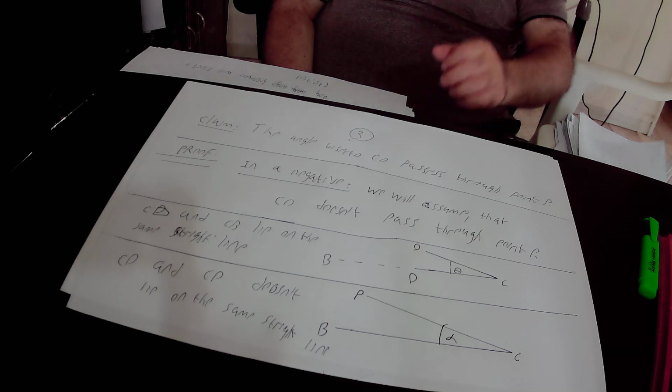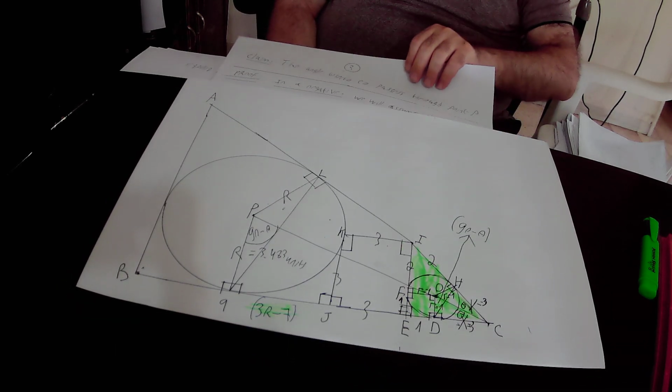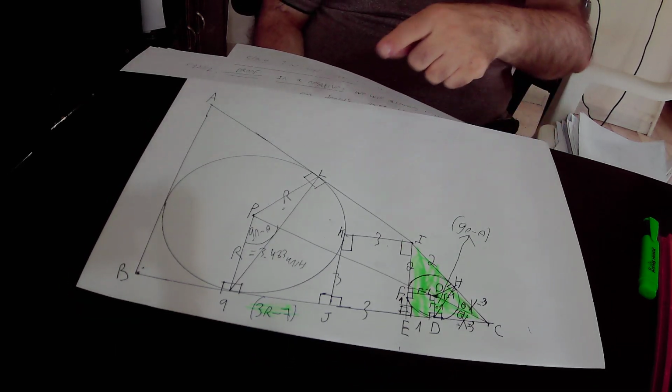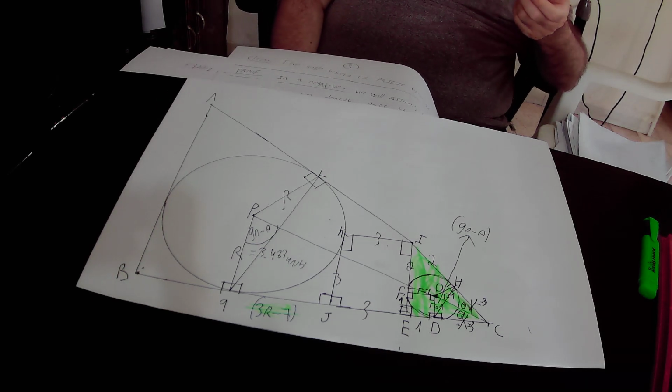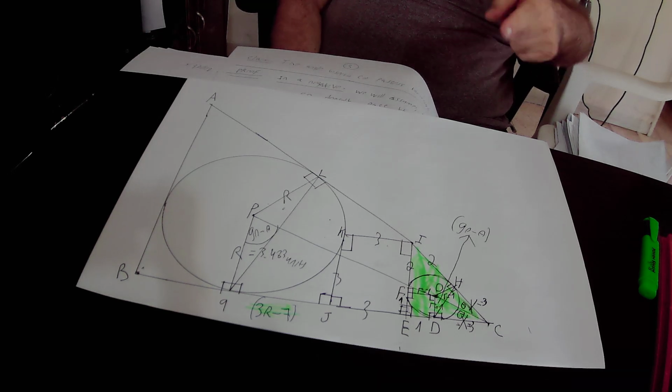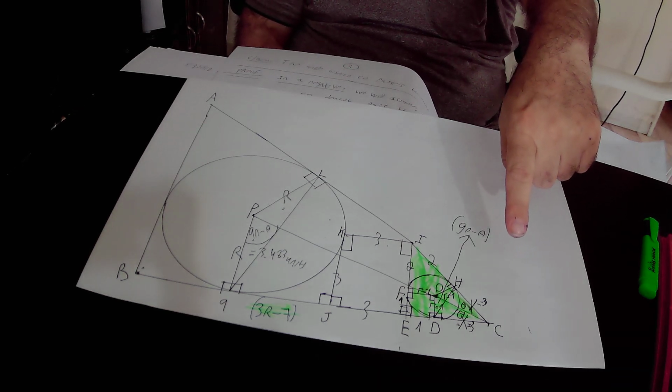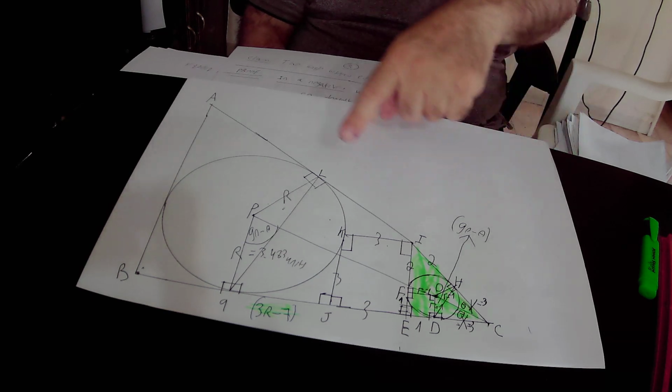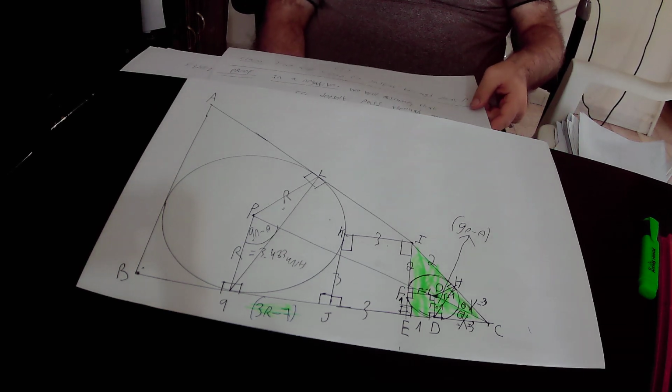We assumed that CO doesn't pass through point P. By this assumption, we arrived at a contradiction. Therefore, due to the contradiction, we concluded that our assumption is incorrect, and we must conclude that CO must pass through point P. This is the process of the proof.